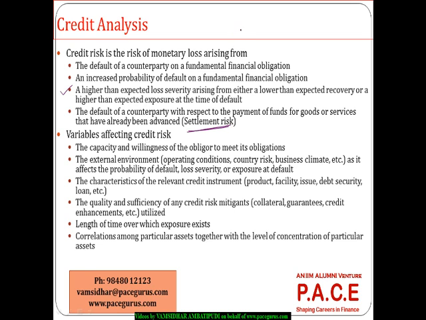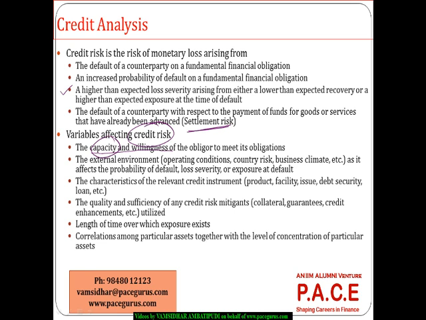So credit risk is typically the loss that can occur from any of these kinds of transactions. And when we are now getting into analyzing the various variables that are affecting the credit risk, the first and foremost thing we talk about are the two dimensions of the borrower.